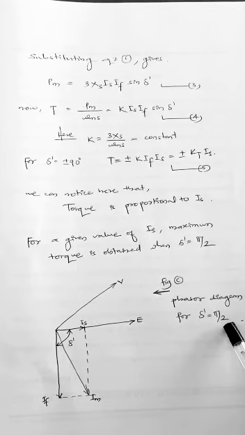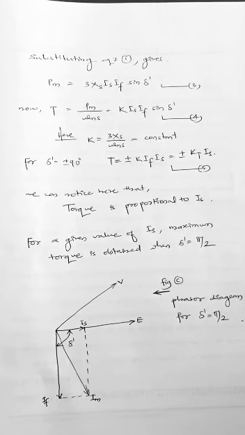That can be obtained by just reversing the stator current Is. And here delta dash is the angle between the rotating fields produced by the stator and rotor, and the maximum torque is obtained when the axes of the two fields make an angle of plus or minus pi by 2.